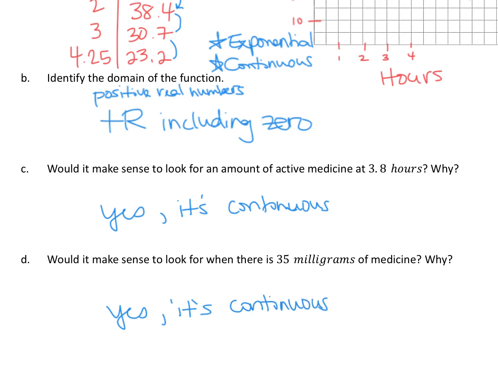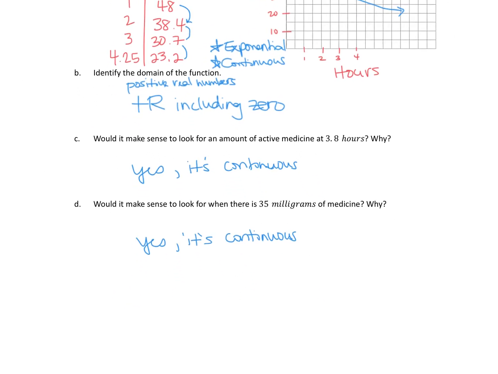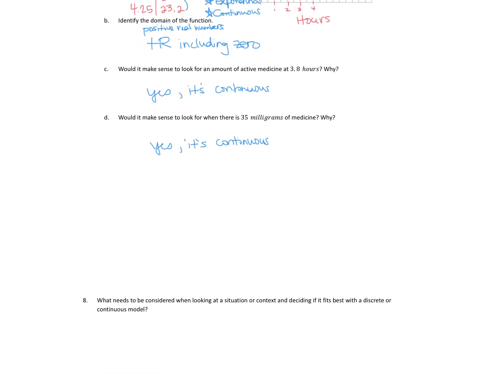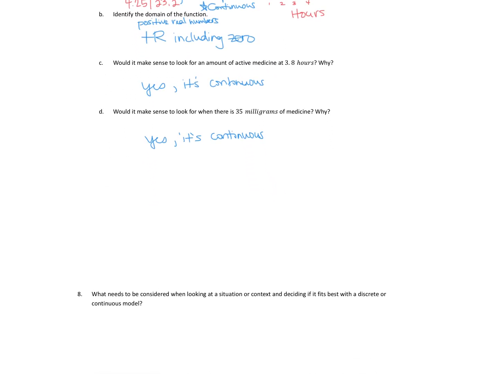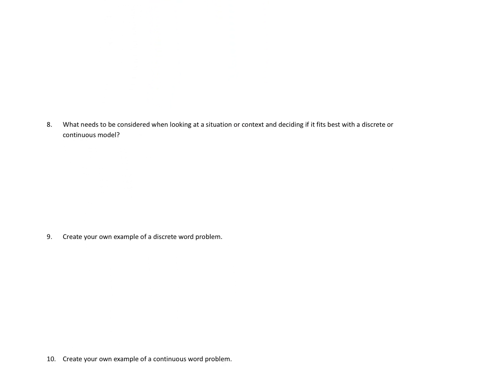Okay. Let's move on to the last few questions and then our takeaways. Number 8 says, what needs to be considered when looking at a situation or context and deciding if it fits best with a discrete or continuous model?